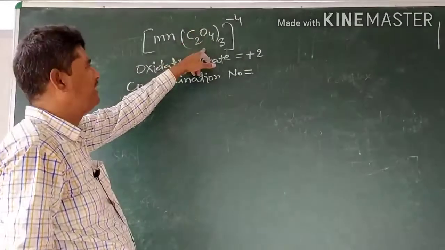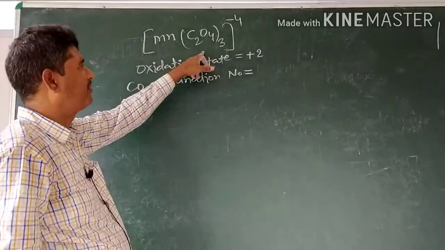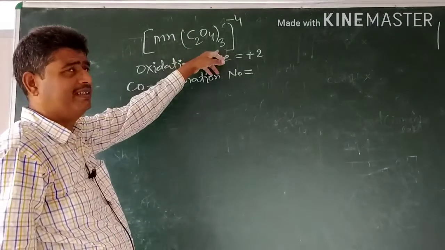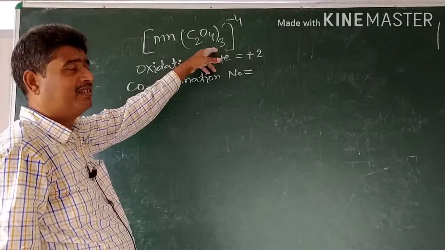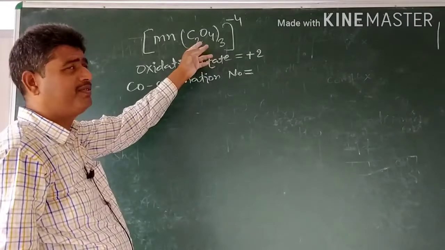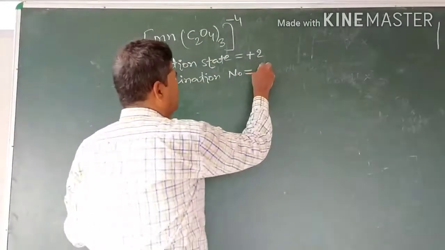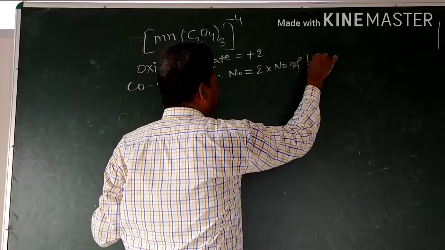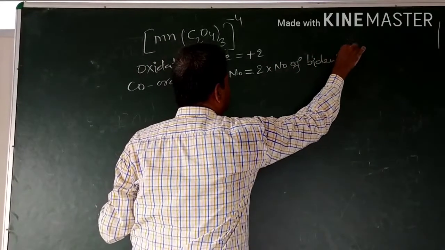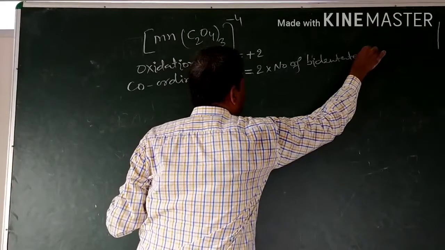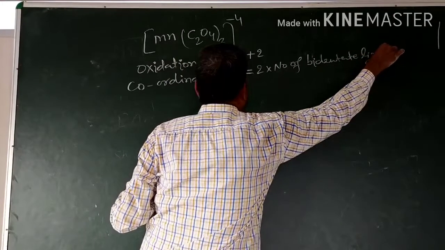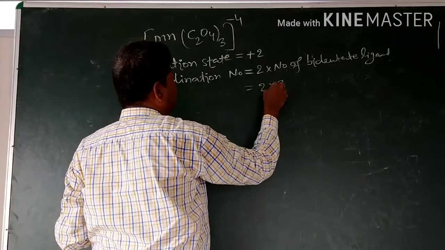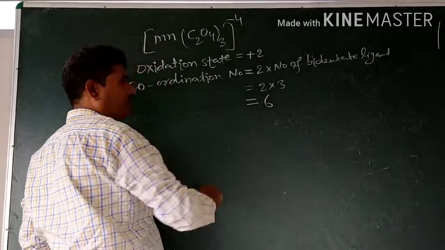Oxalate is a bidentate ligand and the number of oxalates is 3. Hence the coordination number would be 6: 2 into the number of bidentate ligands, two times 3, 6.